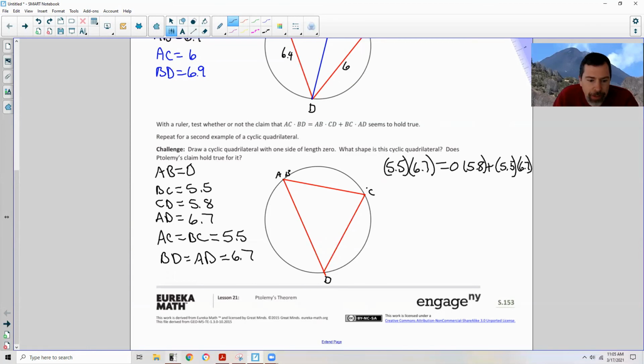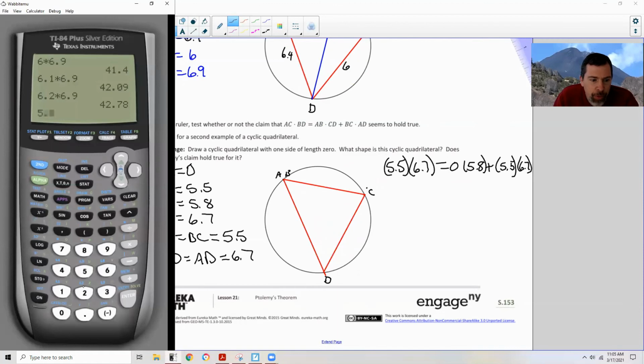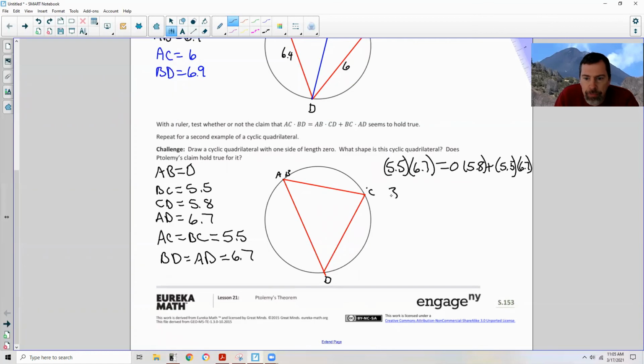Okay, so now I'm going to calculate these. 5.5 times 6.7 is 36.85. And that's going to equal 0 plus 5.5 times 6.7. Look at that, 36.85. So that came out to be right on with my measurement. So I did better on this one than I did with this approximation. These came out to be both 36.85.